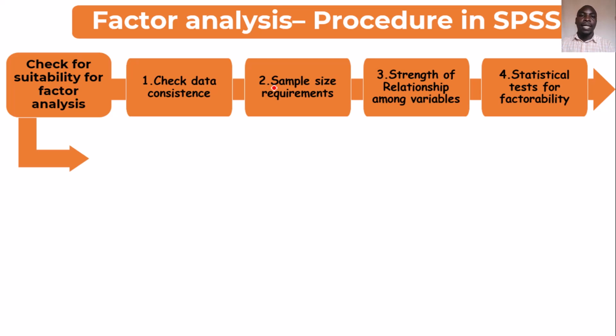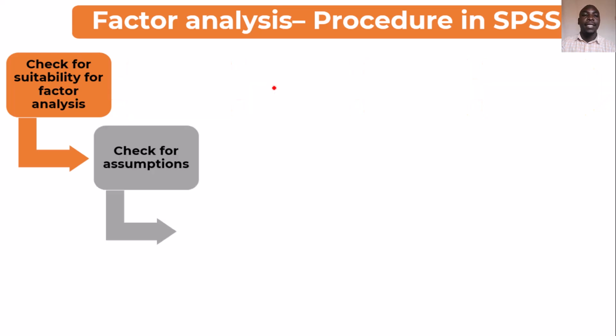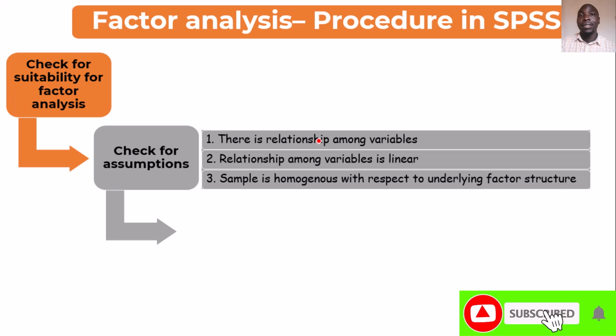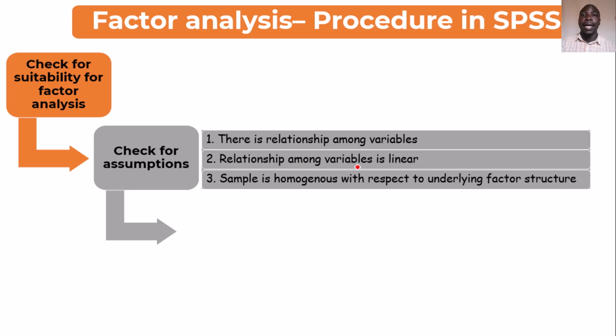Before we go to practically check for suitability, I want us to also look at the assumptions, because the suitability and assumptions are actually moving together. We have got 3 assumptions whereby there should be a relationship among variables, the one which we shall run using a correlation matrix, and that relationship should be linear, which is the test for a correlation, tests for existence of a linear relationship.